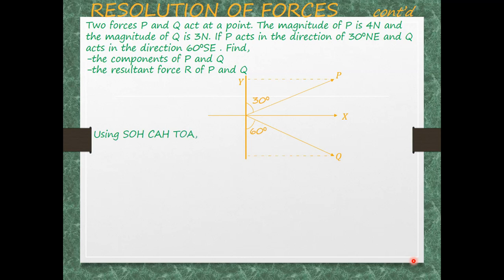So we want to use SOHCAHTOA to resolve these forces P and Q. Where we have sin theta, opposite over hypotenuse, and we have sin theta as well, Px all over P, which is from here, P. This is Px, that's our opposite, all over P, that's our hypotenuse.